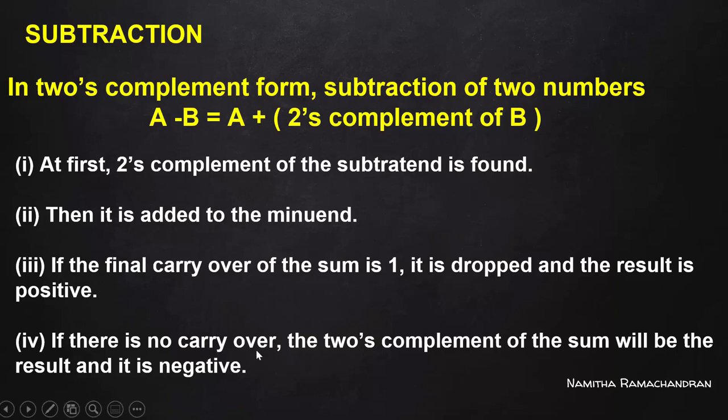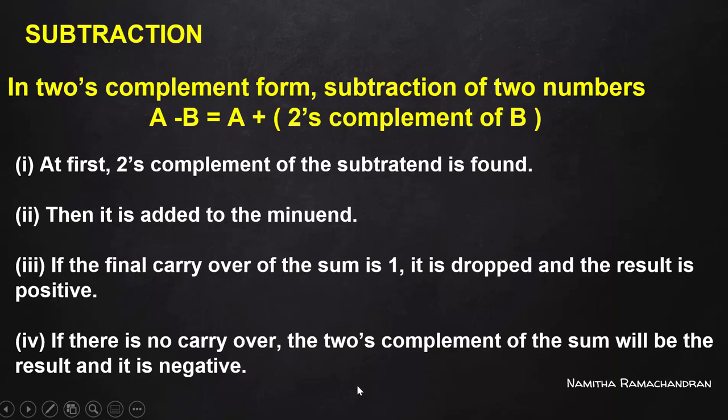If there is no carry out after addition, we can conclude that the generated result is a negative value. In order to get its decimal equivalent, take the 2's complement of the generated result.